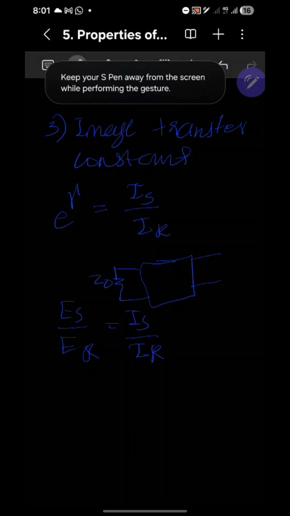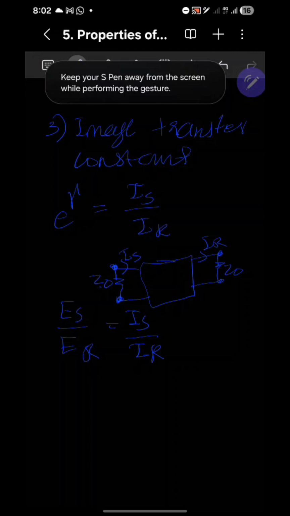That means if it is a properly connected network, we'll discuss what a properly connected network is, then the ratio of ES by ER will be equal to IS by IR. Not always. If it is a properly connected network, then the ratio will be the same. That means if here it is Z0, here also it will be Z0. So IS is the current here, IR is the current here, then the voltage at this point will be IS into Z0 and the voltage at this point will be IR into Z0.